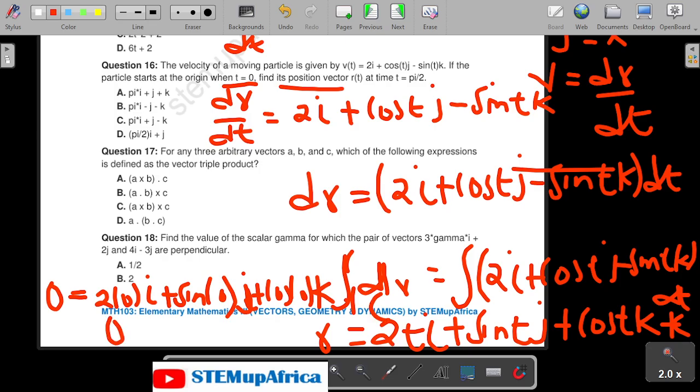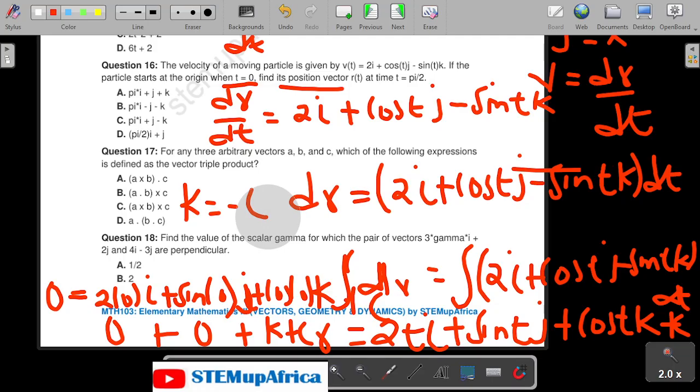So here we have 0 plus 0 plus cos 0 k, which will just give us k plus c. So if I make k the subject of the formula, my k will give me minus c. So if k is minus c, what are we going to have at the end?